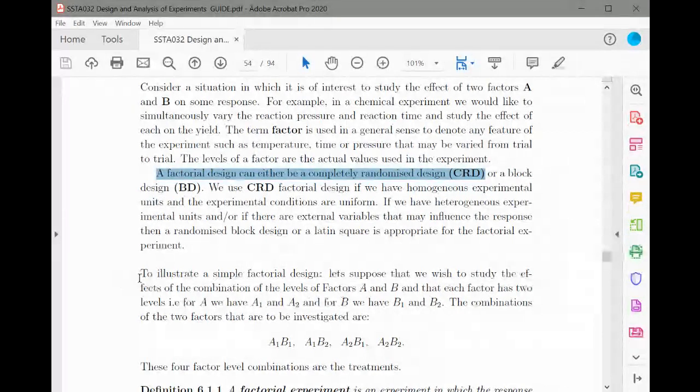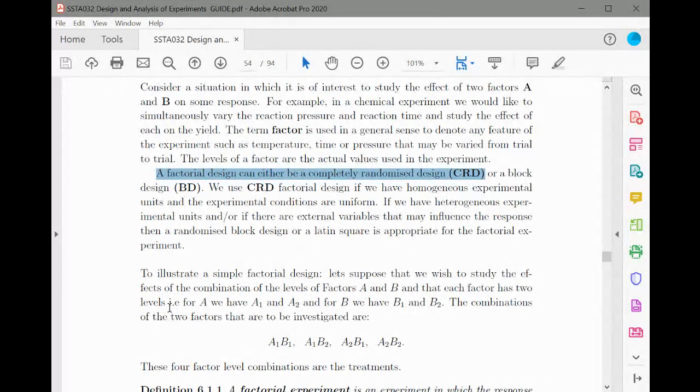Here's an example which is similar to mine. To illustrate a simple factorial design, let's suppose that we wish to study the effect of the combination of levels of factor A and factor B. Then each factor has 2 levels.